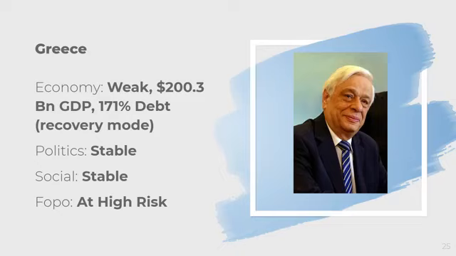The politics right now, though, are stable, and the social life is stable because they are at the end of the recovery phase, and they are finding ways to really adapt to austerity. However, it did cost a lot. Their foreign policy is at a high risk because they are being bought out by China in the Belt and Road Initiative, and that could potentially lead to more debt. I'm sure in one of the lectures someone has explained debt trap, or will eventually explain it to you.